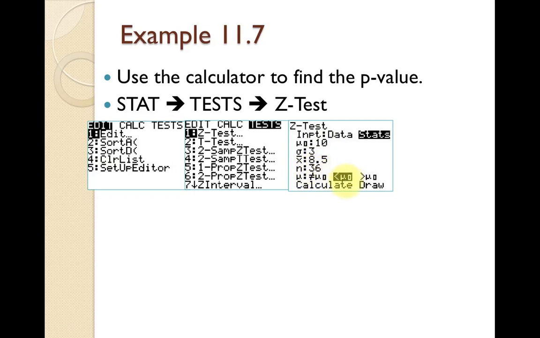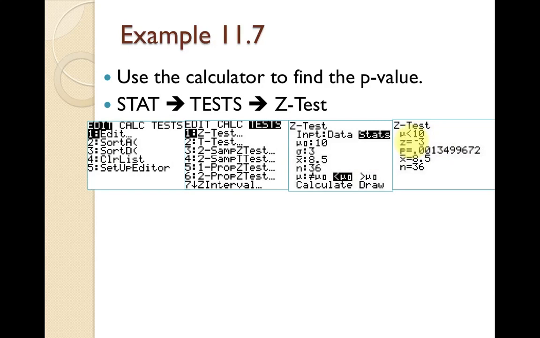The test is on the left, mu sub 0, so less than mu sub 0. And then you go to Calculate and you get your p-value. Rounded to 4 places, your p-value is 0.0013. Also take note here of that z-score, -3.